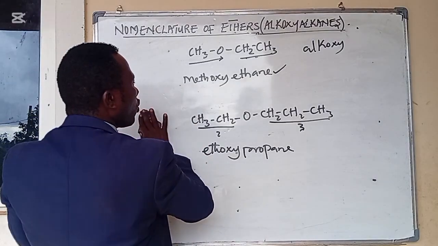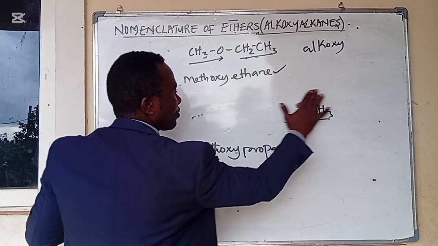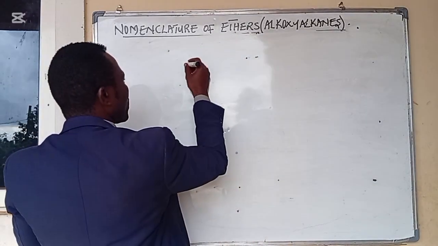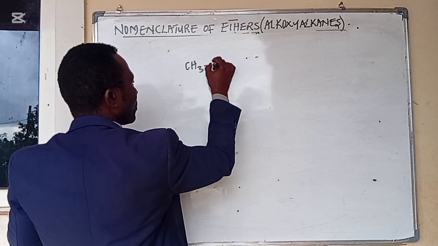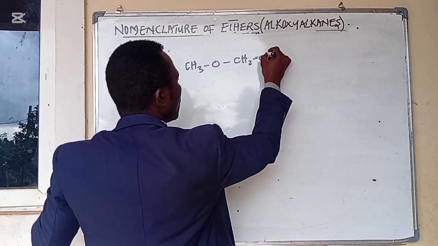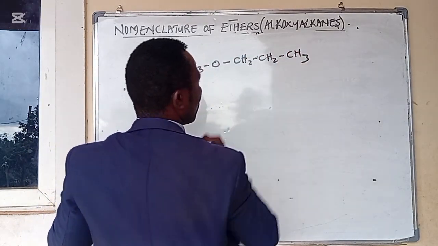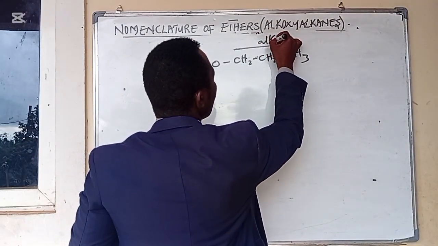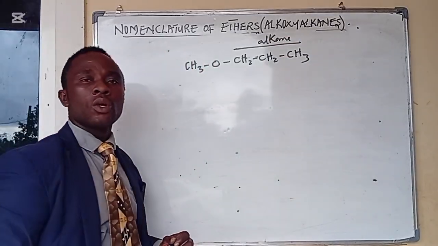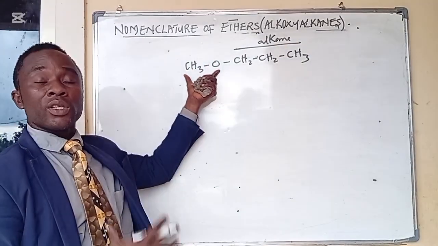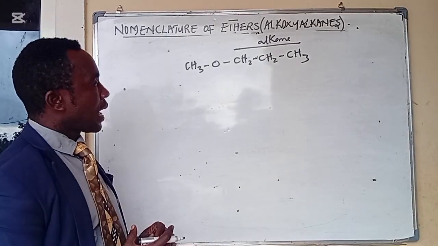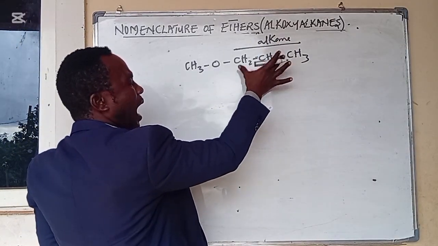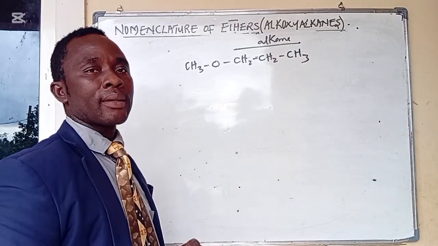Now, we want to go to a situation whereby we have something like CH3, O, CH2, CH2, CH3. Of course, we already know this part is the alkane part, because it has longer carbon, while this one with shorter carbon is the alkoxy part. Now, anytime the alkane part of these ethers is more than 2 carbon atoms, we number.